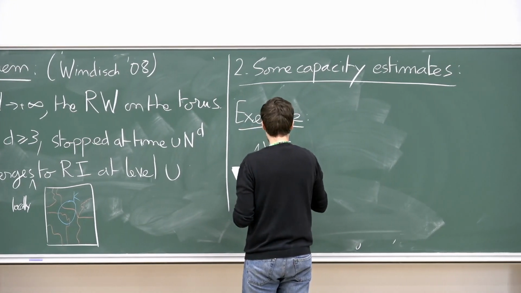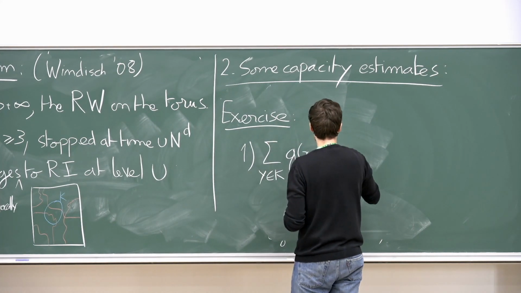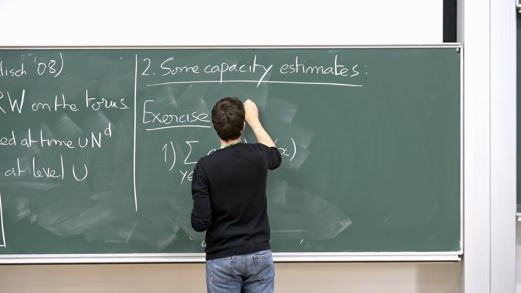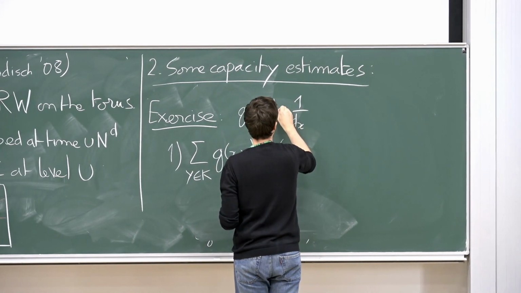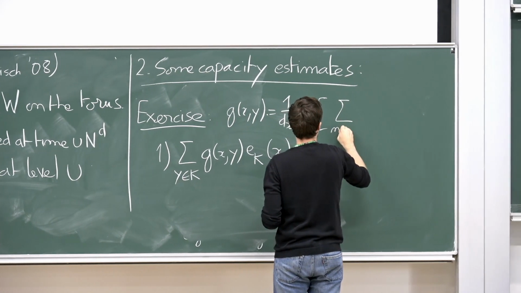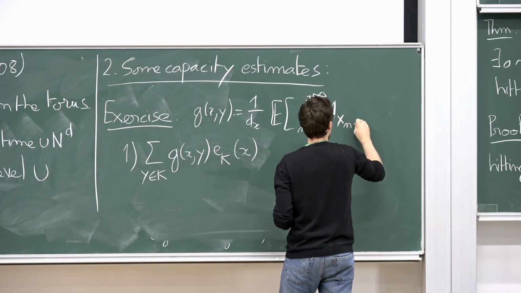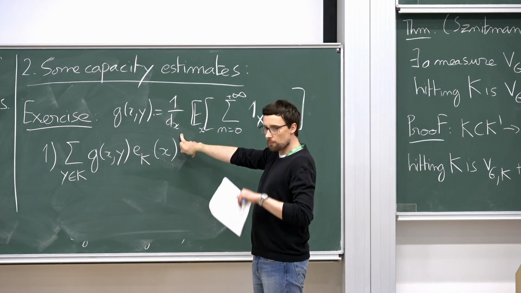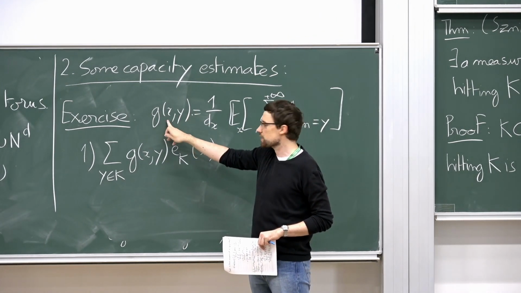So the first equation that you can derive, and this is just a consequence of the Markov property for the walk, is this. Let me define g(x,y), the Green function of your walk: the number of times starting from x that you come back in y, and I need to renormalize by 1 over d(x), because of time reversal, just so that my Green function is symmetric, so that g(x,y) equals g(y,x).